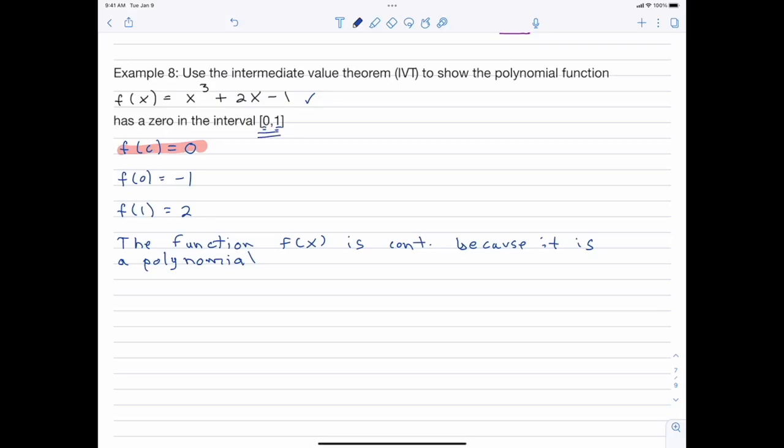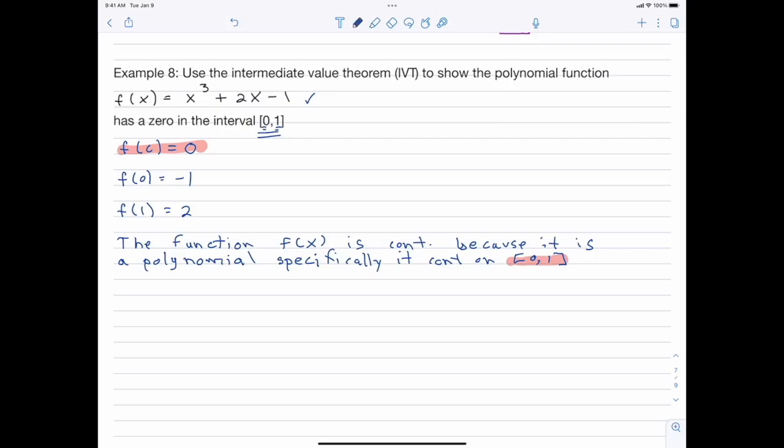But if I need to, I might say the function f of x is continuous because it is a polynomial, specifically continuous on 0 to 1. This is the big thing. Really, the only thing I care about is that it's continuous on 0 to 1, in terms of the continuity discussion.